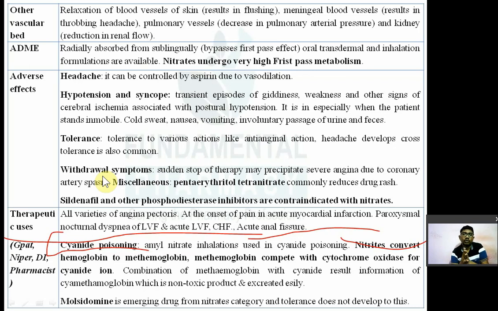Now what happens if you give amyl nitrate and other nitrates?